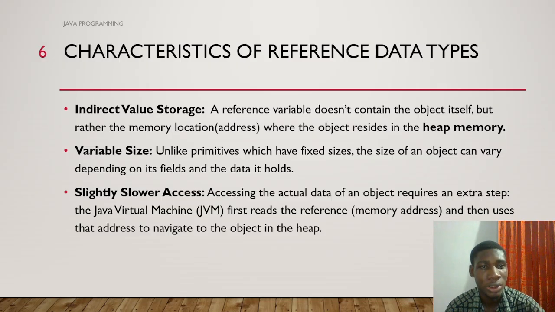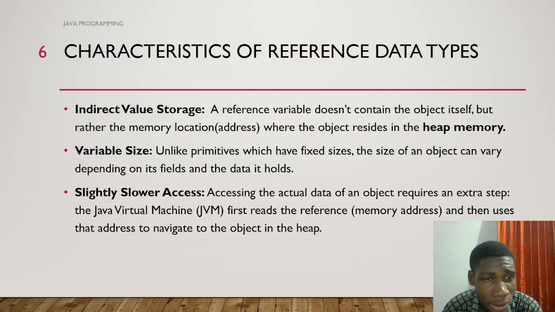The characteristics: indirect value storage. A reference variable doesn't contain the object itself, but rather the memory location where the object resides in the heap memory. And variable size: unlike primitives, which have fixed sizes, the size of an object can vary depending on its fields and the data it holds.